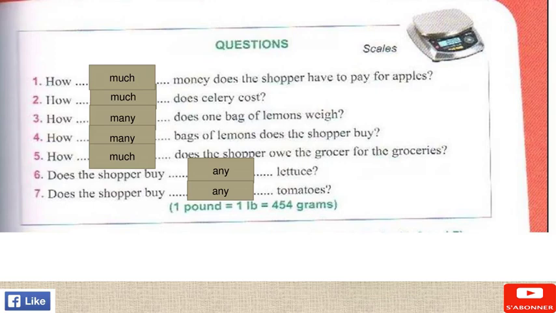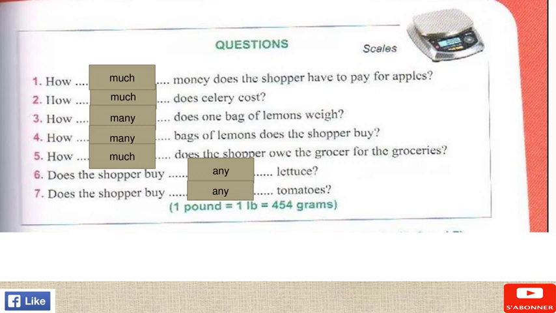It is countable too. How much does the shopper pay the grocer? It's about price. Does the shopper buy any lettuce? It's an interrogative sentence, so any. Does the shopper buy any tomatoes? Same thing, it is a negative interrogative sentence, so we have selected any.